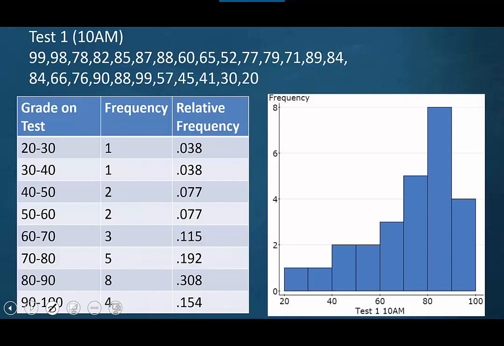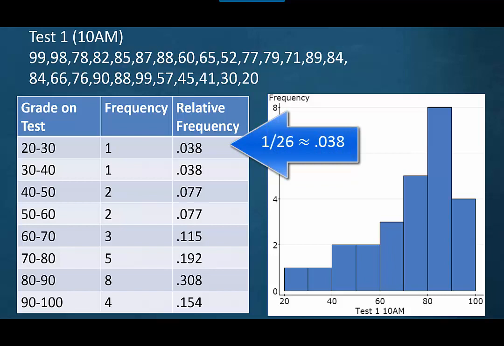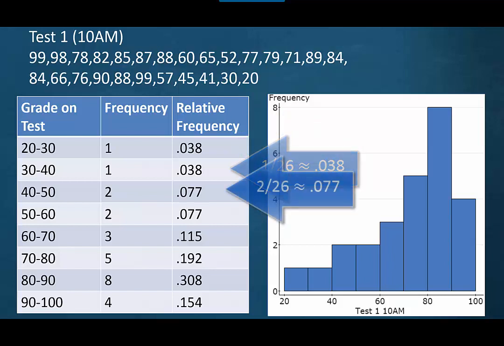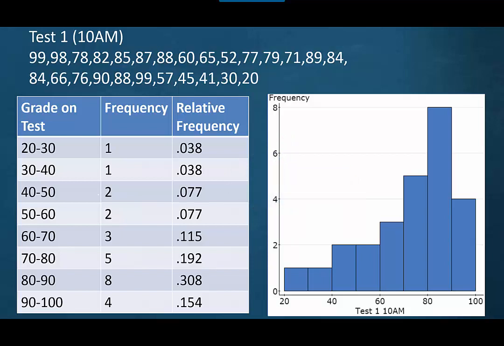What I do is I find the total number of observations here. So I have a total of 26 observations. So how do I compute this relative frequency? I'm going to take 1 divided by 26. Similar for the next one, 1 divided by 26, and you'll get 0.038. And then 40 to 50, it's 2 divided by 26, and so on.